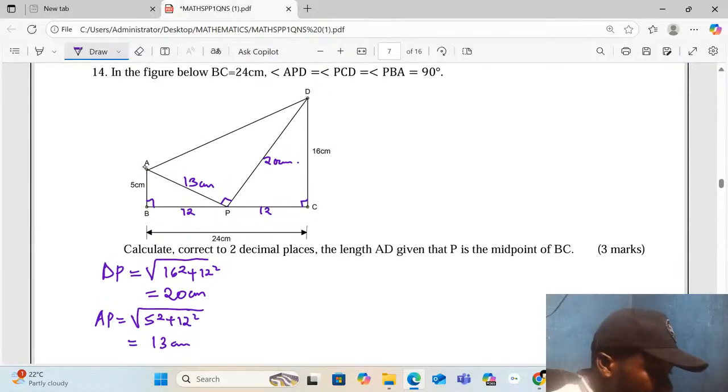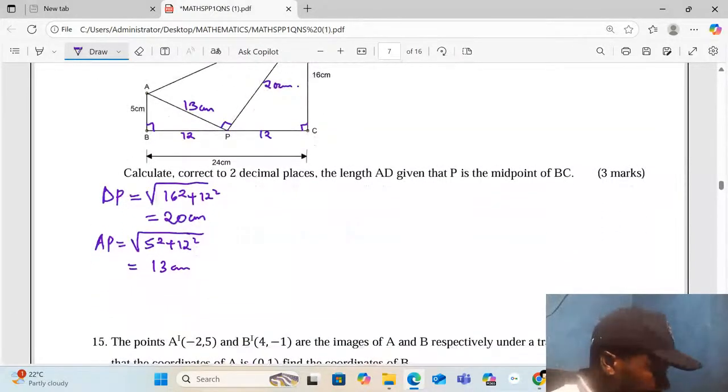So this is AD. We have this triangle ADP, which is a right angle triangle. The distance AD is the hypotenuse of the triangle ADP. Therefore, we still use the Pythagoras theorem.